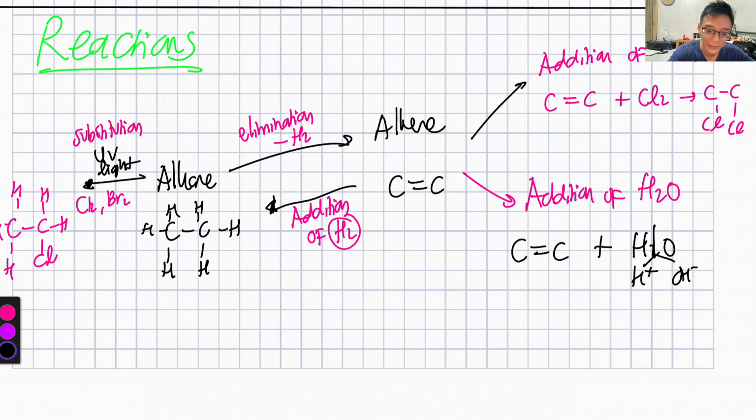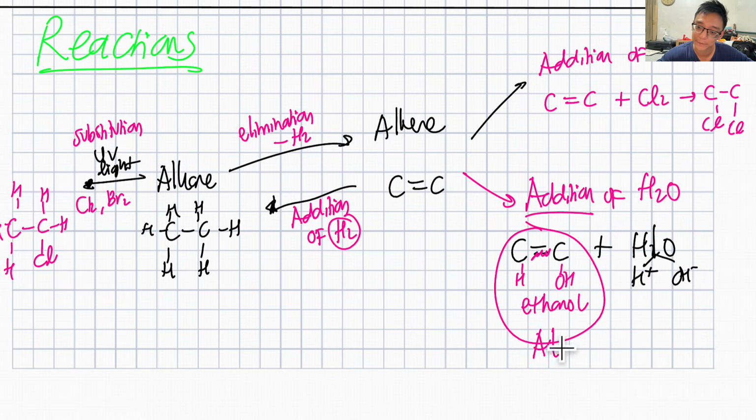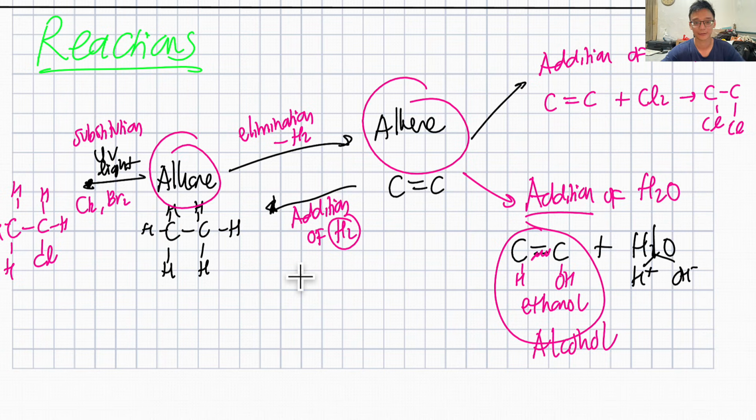And then the same, the double bond will be destroyed. One will get the hydrogen, one will get the OH group, making this ethanol. So addition to alkene would produce alcohol. So now this is alcohol already. So here we have alkene and alkane.